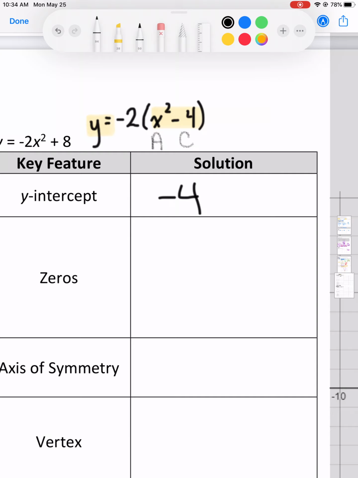well, I have to factor this, right? Then I find my zeros. So I need to factor. So I need to find two numbers.